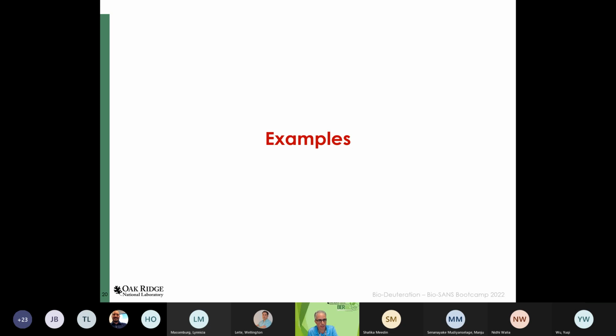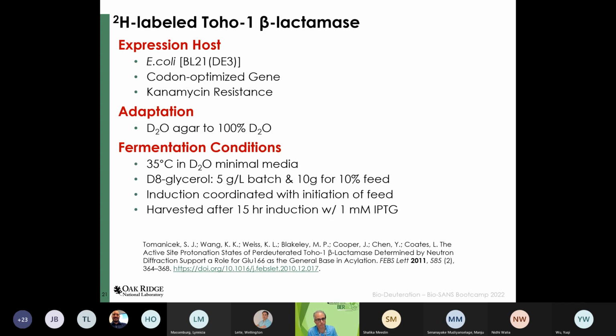This first example is an example of a perdeuterated production, but this can also be applied to partial deuteration. So in this case, our expression host was BL21(DE3). We were using a codon optimized gene, which had kanamycin resistance. We used the solid adaptation process where we grew the cells on the D2O agar and then transferred to 100% D2O media prior to scale up.